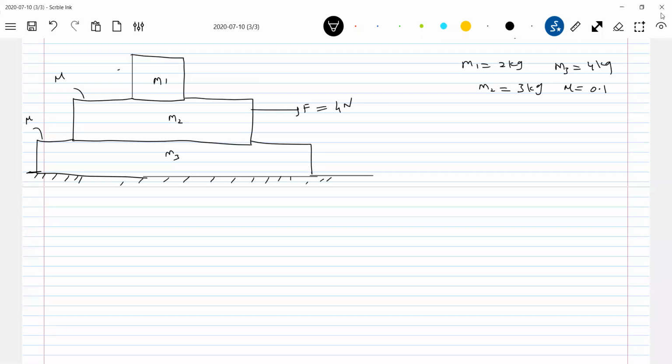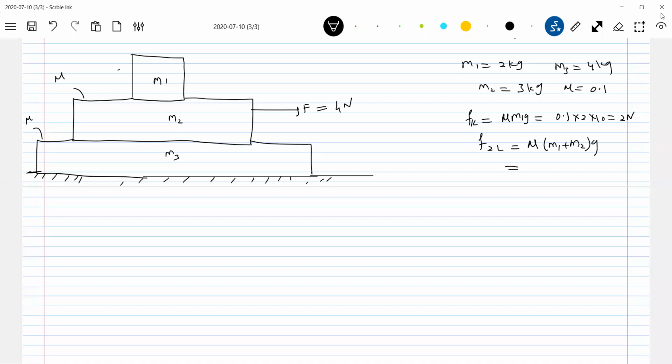First, let's calculate F1L. What is F1L? Mu M1 G. Directly I'm writing it to save time. Mu is 0.1, 2 into 10, so 2 Newton. What is F2L? Mu into M1 plus M2 into G. I thought everyone was very familiar with yesterday's concept, then I started this.